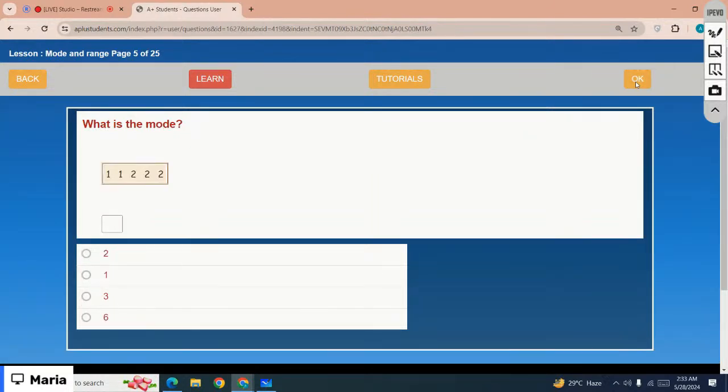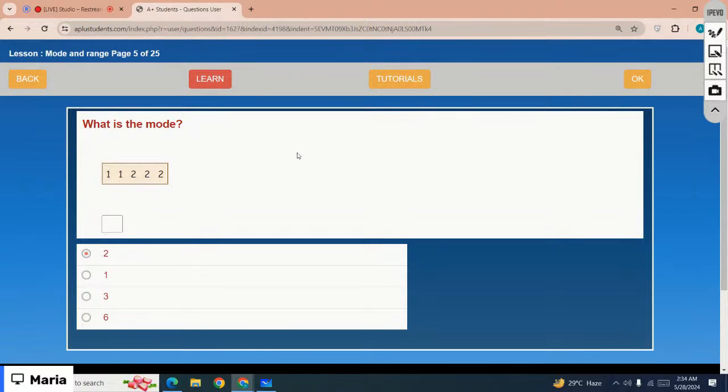What is the mode? Which is the correct option? The correct option is 2.